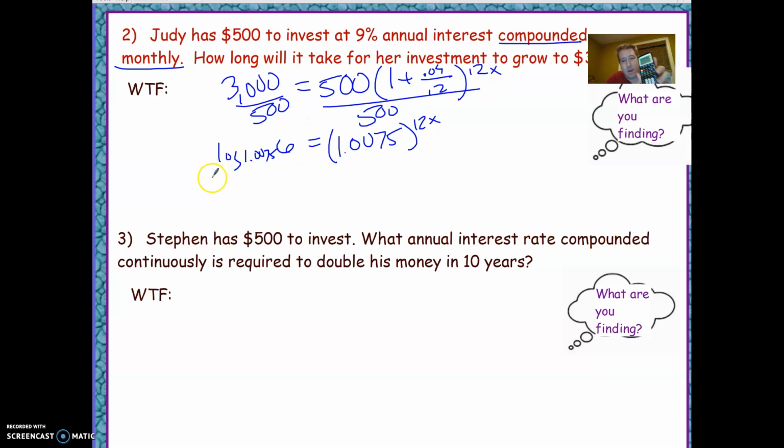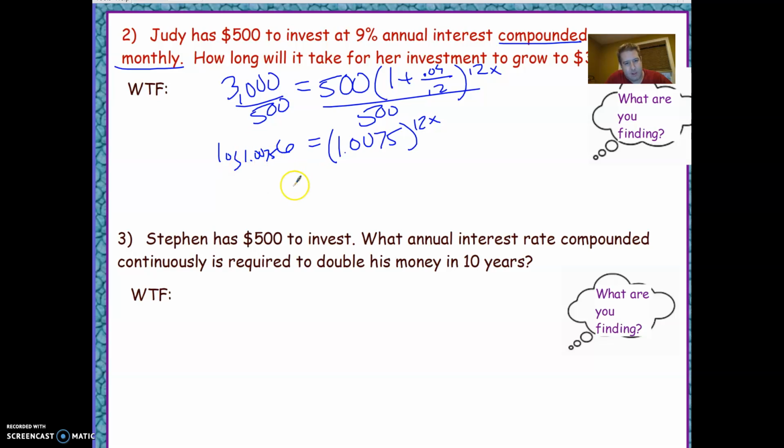I could do that in a calculator two ways. Some graphing calculators like mine aren't going to do logs of bases that aren't 10 or e or standard things, so I'm going to have to use change of base. I'm going to do log of 6 divided by log of 1.0075, and that gives me about 239.796.